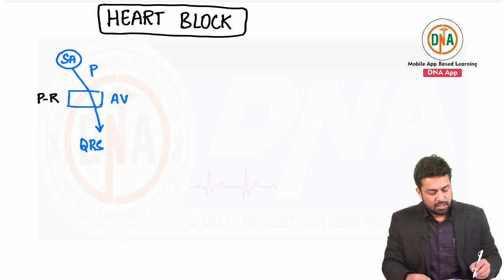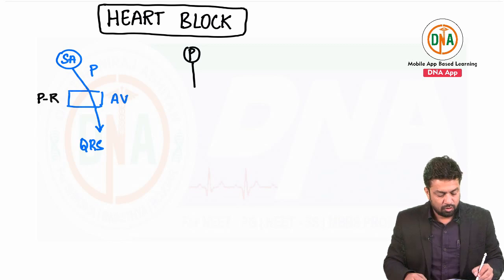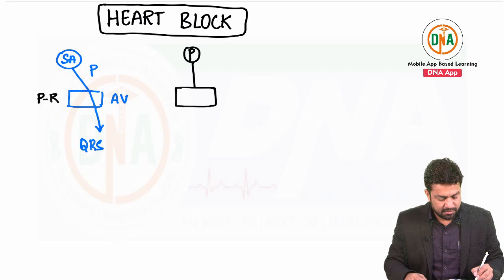So what happens in heart blocks is that a normal beat arises in the SA node, forms a P wave, then comes into the AV node, and in the AV node it goes through a delay and later on comes out as the QRS complex.